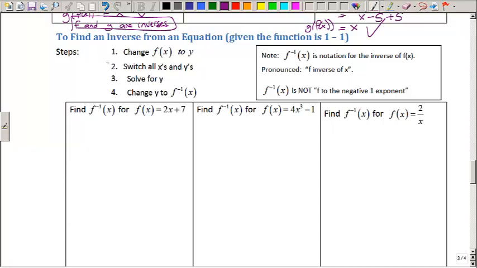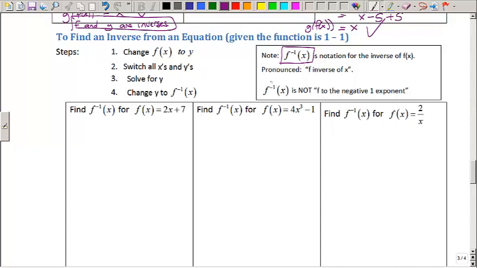So before we look at the steps to find an inverse from an equation, I want you to look at this note over here. We have this new notation that looks like f of x, but with this little -1 up here. This is a notation for the inverse of f of x. We pronounce it f inverse of x.